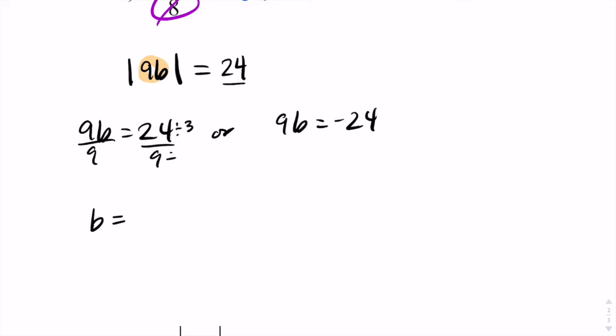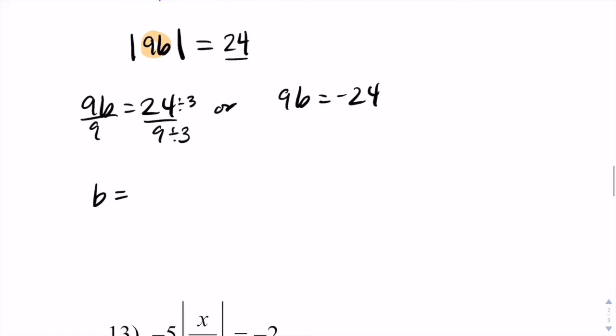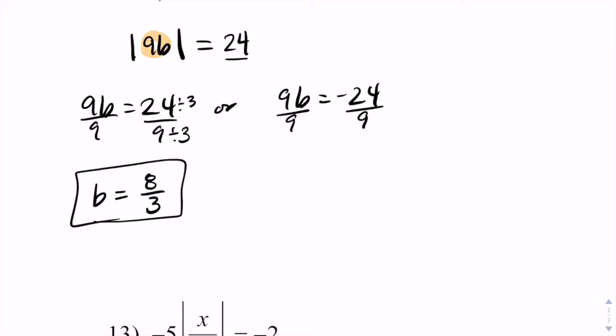Both numbers can be divided by 3. So I can reduce it by dividing both of these numbers by 3, and I get 8 over 3. So that's one solution. Now I do the same thing over here. I divide by 9, and I end up getting simply negative 8 over 3 this time.